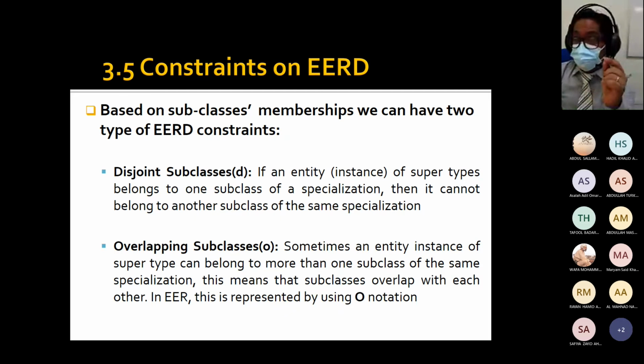What I mean to say is, even though you have subclasses at the lower level, which we split or divide and call a specialization, if an entity belongs to one subclass, then it cannot belong to another subclass.